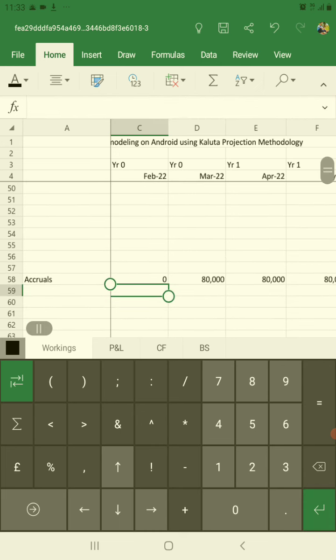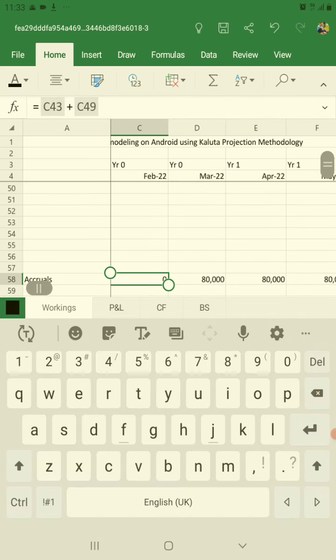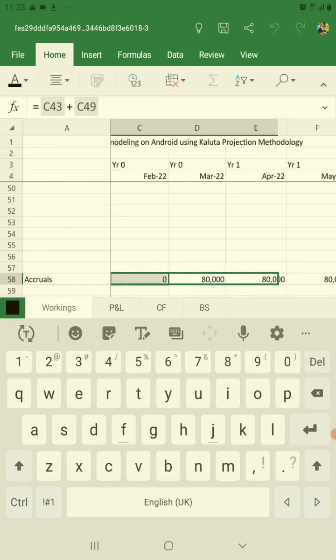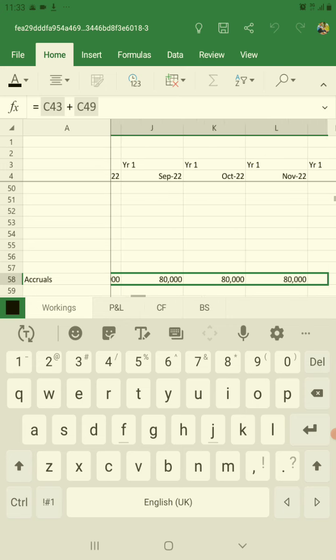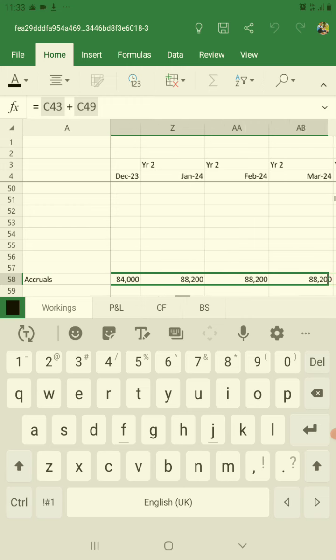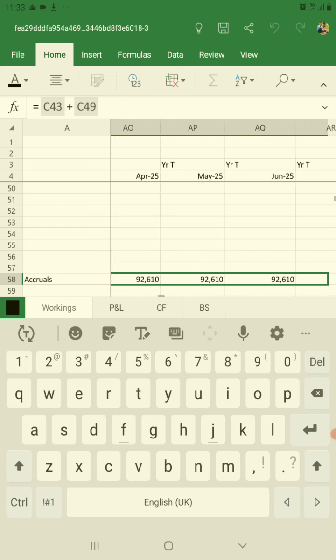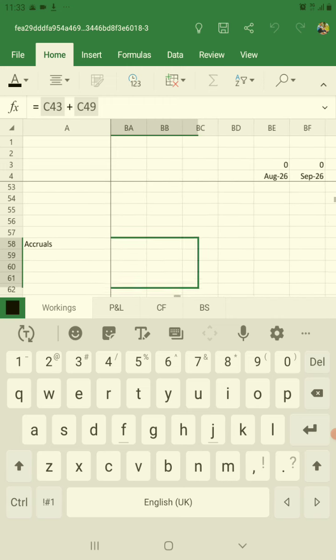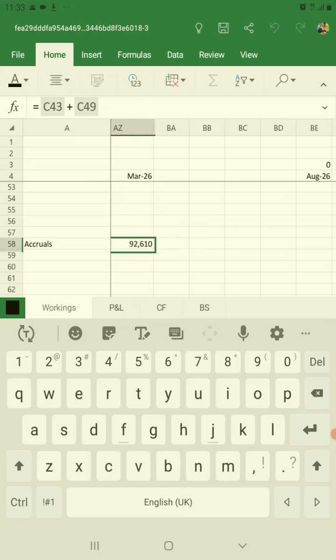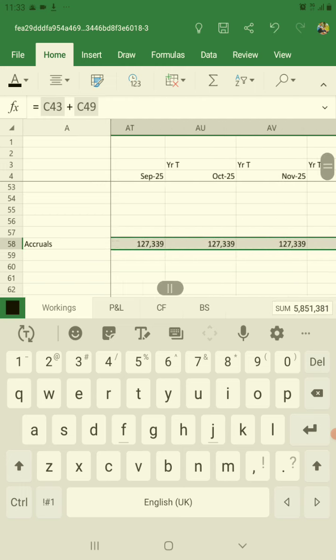Enter. Okay, so that is supposed to be my accrual now, which has two components, and let me fill this to the rest. So that is my accrual figure now.